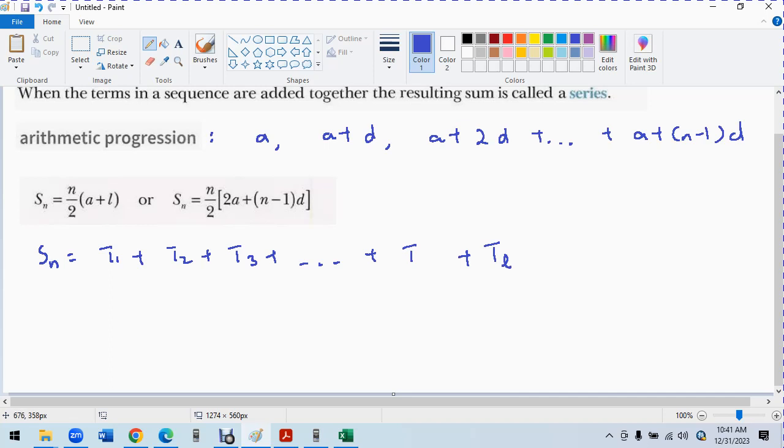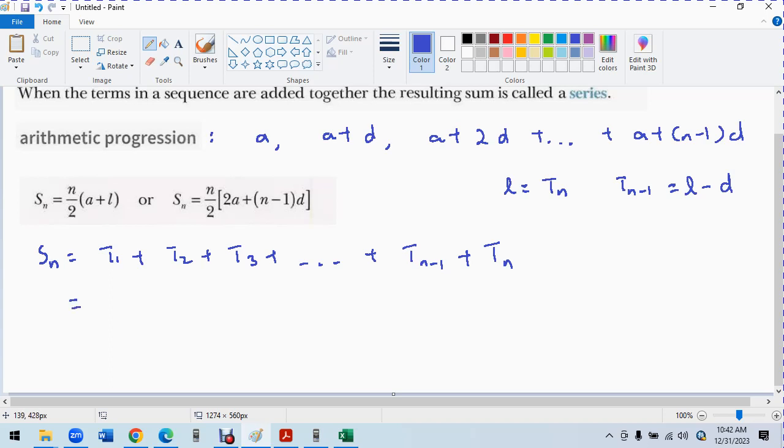Then the last minus 1 term. So what is the last term? The last term is the nth term, and then the n minus 1 term. So we go back, it's minus d, it's l minus d.